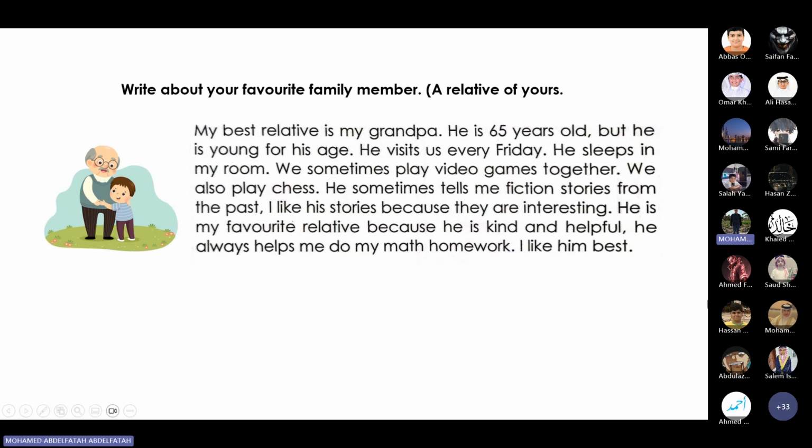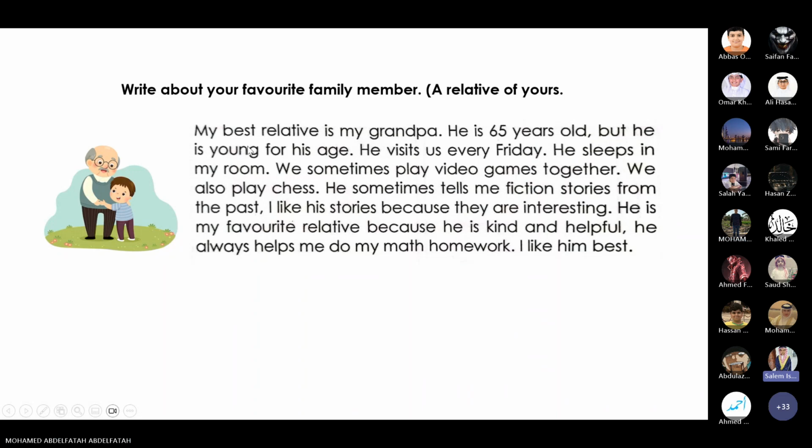So this is about your grandpa. In your exam, you can write about your grandma. Okay, it's up to you. But here, this is only a model. Let's help your classmates learn how to write about your favorite family member or your relative. Relative means family member. Okay, go ahead, Sami.